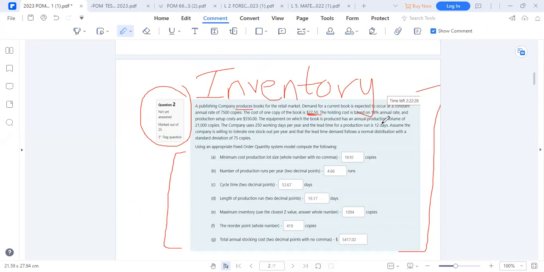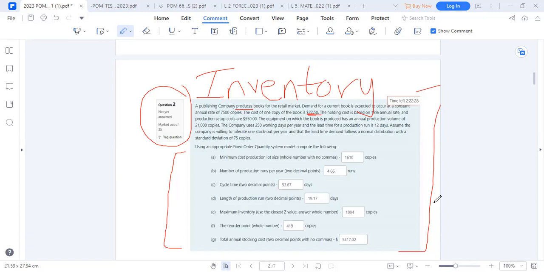As we start solving, the demand is 7,500 from the question. The unit cost, which is acquisition cost per unit, is 27.5. The holding cost is an 18% annual rate. Holding cost is always a percentage of unit price.